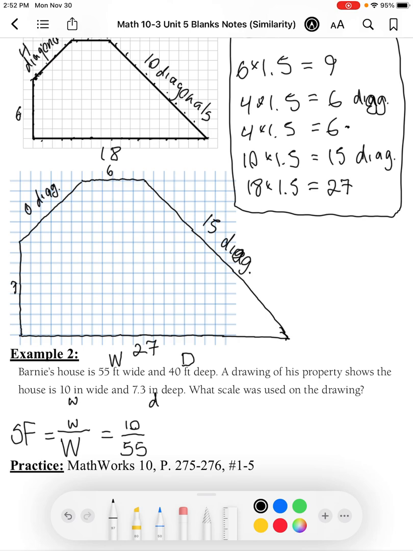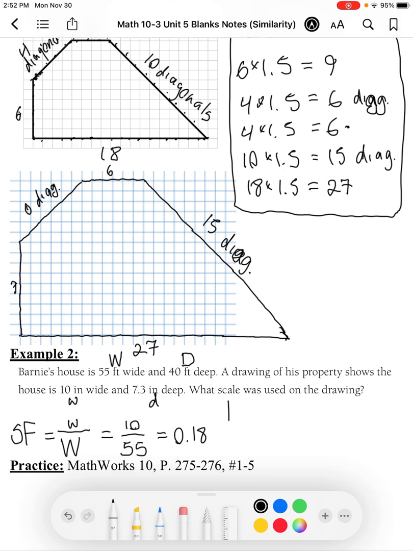And if you put that into your calculator and figure out what that is as a decimal, you're going to get, just doing it right now, about 0.18.